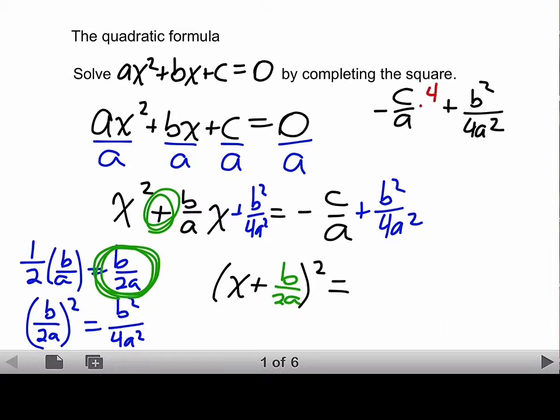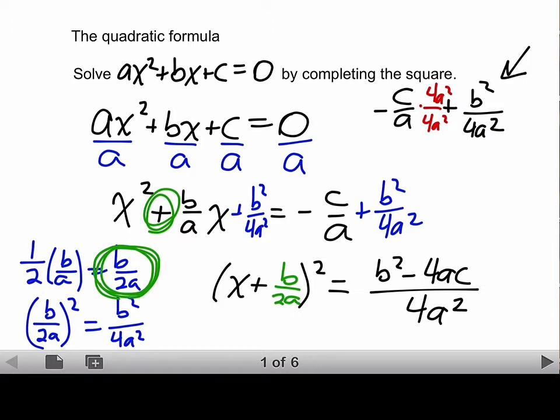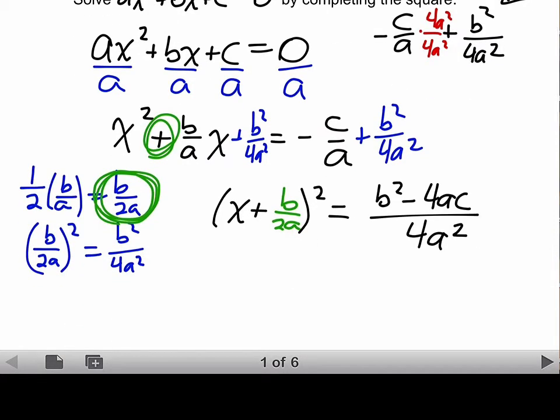In this case, we're going to get that by multiplying numerator and denominator by 4a squared. I'd like to write the positive term first, so I have b squared minus 4ac all over, because we got common denominators, 4a squared.